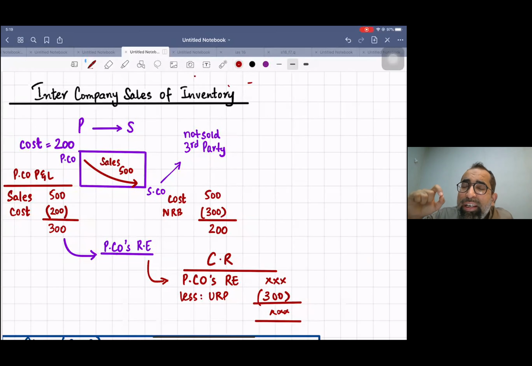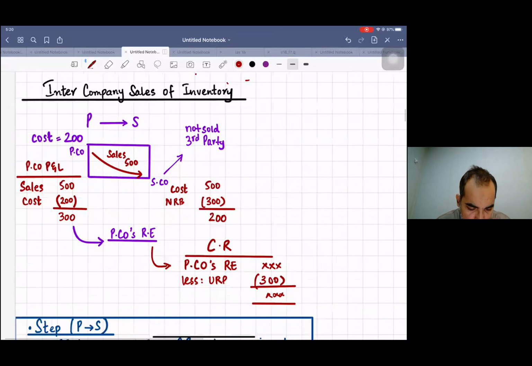So the profit on inventory is realized when goods are actually sold. And if the goods are not sold by the year end, then that profit is unrealized.